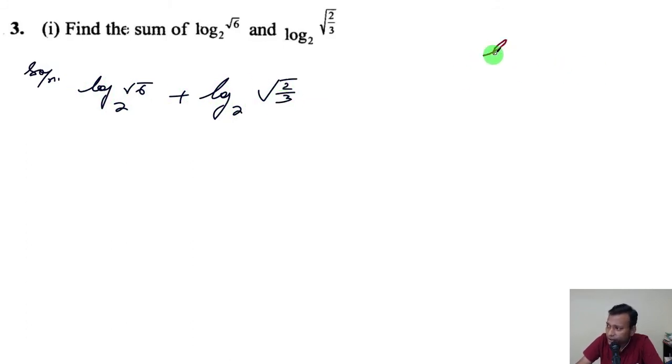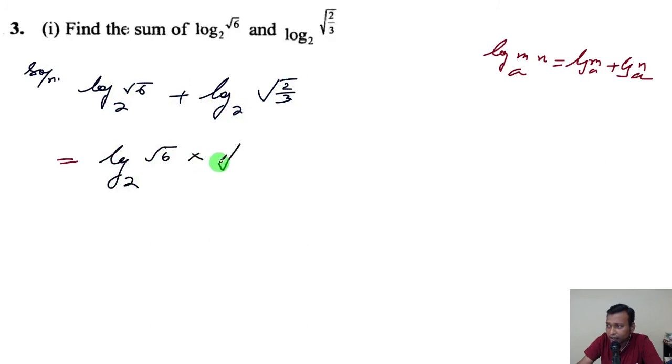We know that log m to the base a plus log n to the base a will be log mn to the base a, which is equal to log.